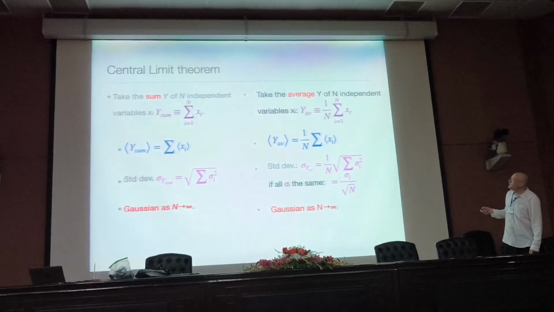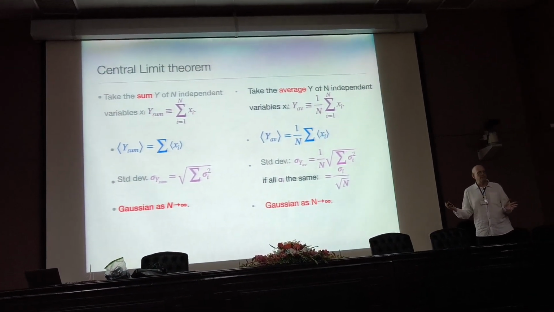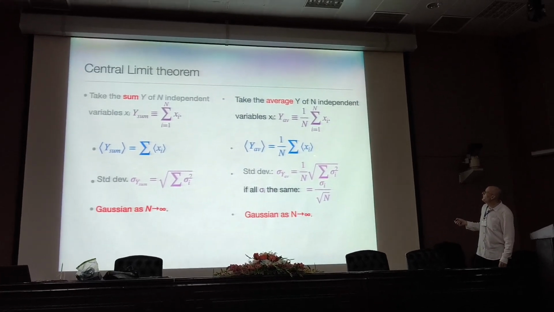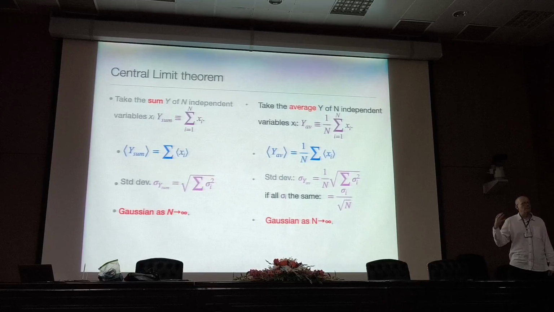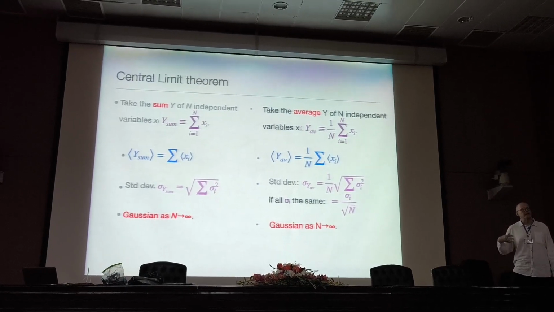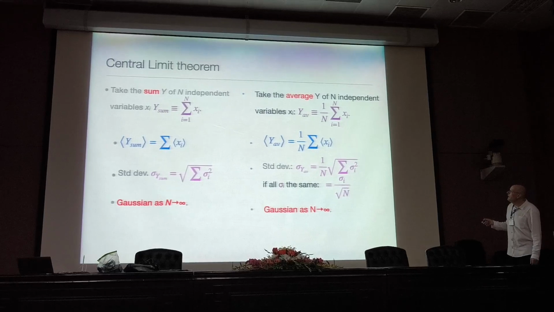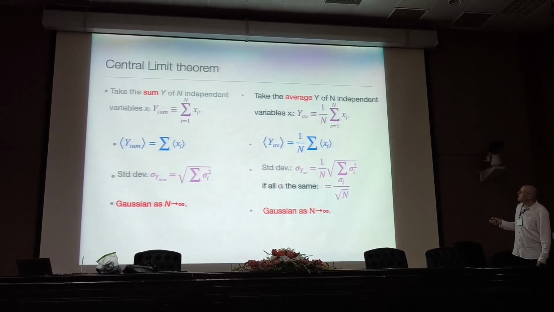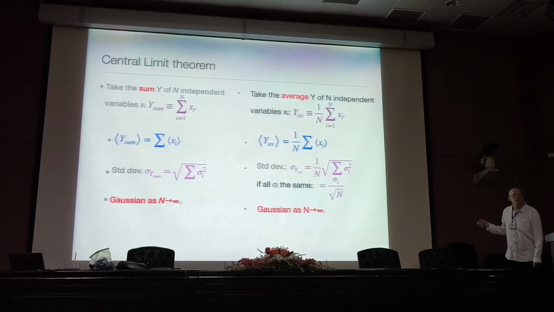So the central limit theorem, the way I introduced it, referred to the sum of random variables. Quite often you might take the average of some random variables. For example, if you repeat a measurement and you want to measure the same thing again and again, then you would usually take the average. And then the expectation value of the average is, of course, the average of the expectation values.